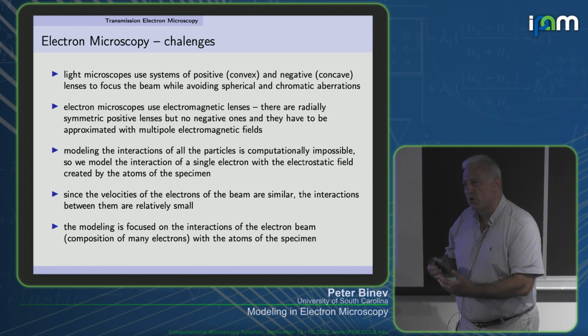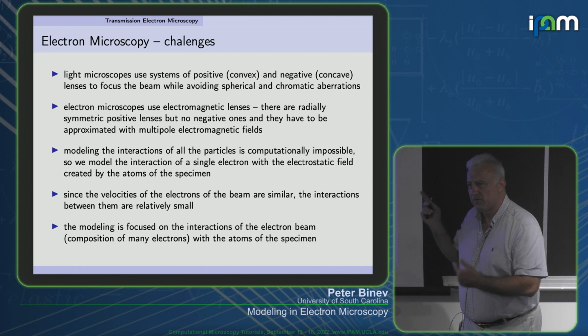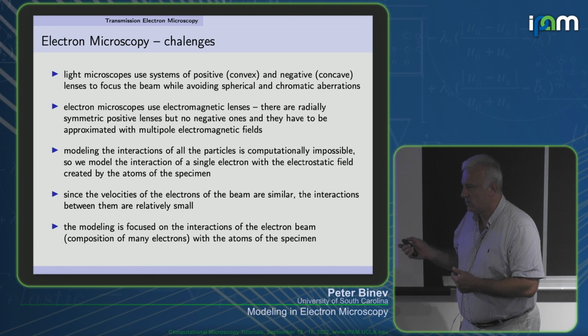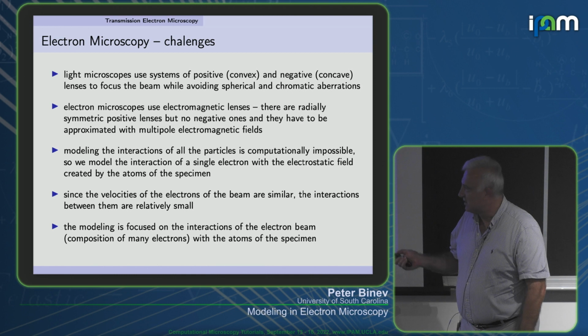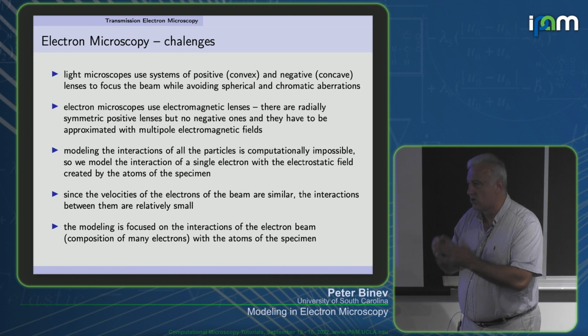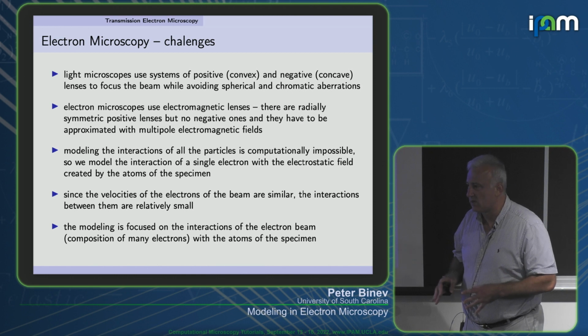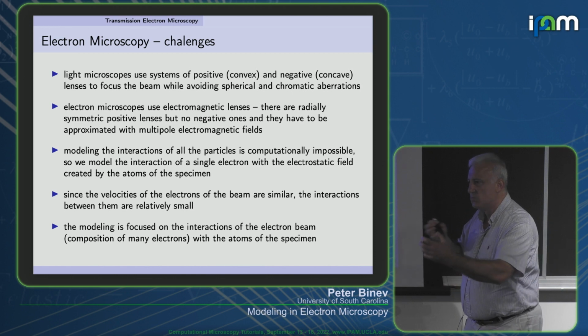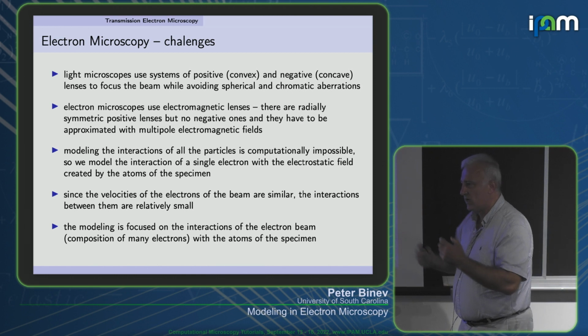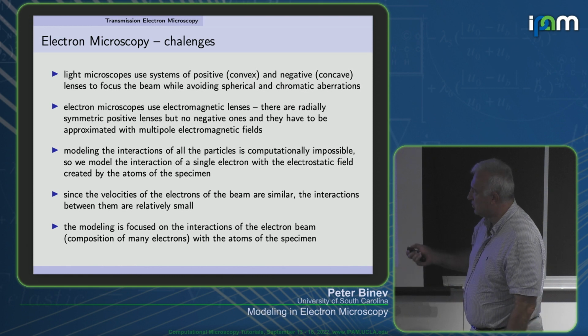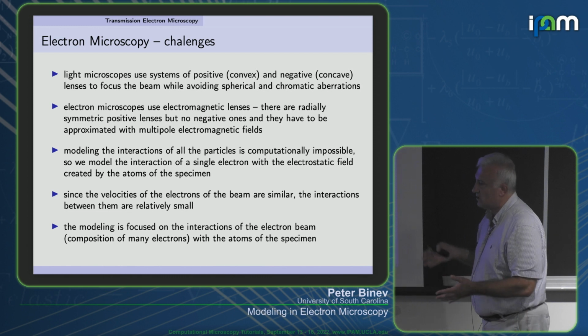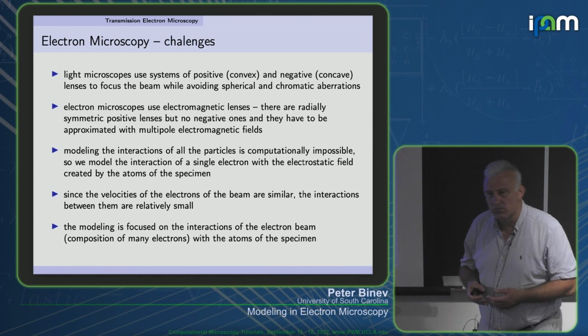I think yesterday it was already mentioned that it is impossible to have radially symmetric concave electromagnetic lenses. So you have to use a multiple-element system to mimic what the lenses do, and then to eventually have the aberration correction.